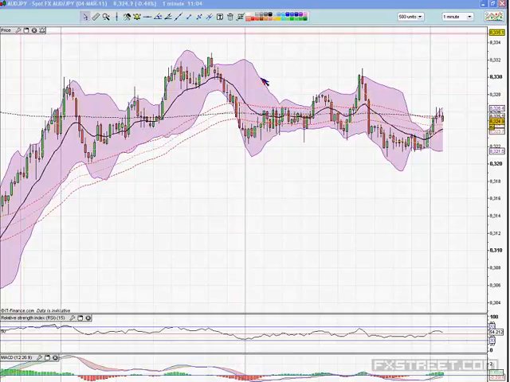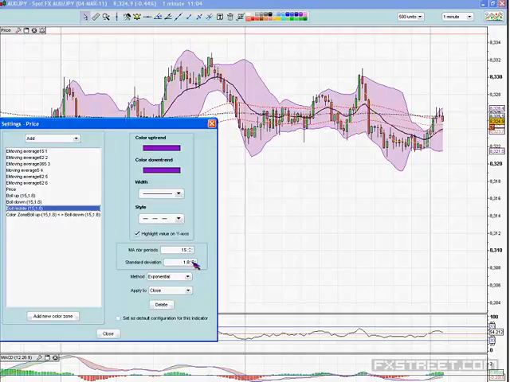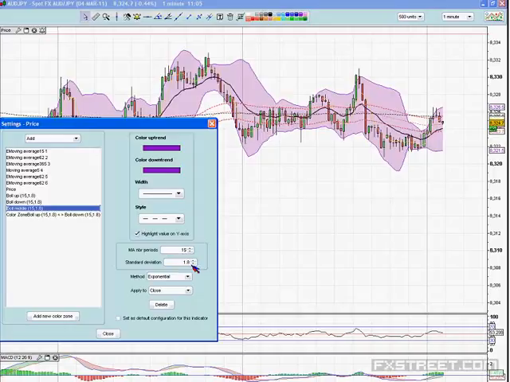Normally a Bollinger Band, I'll just show you, the standard deviation setting is normally 2. Because I've brought down the number of periods I'm using, I'm also bringing down the standard deviation. So I've got a 15 and a 1.8.